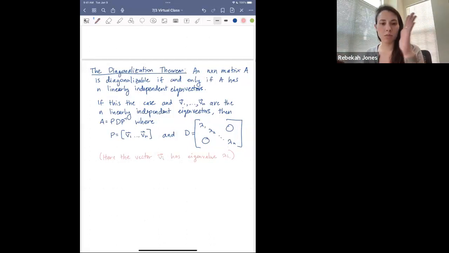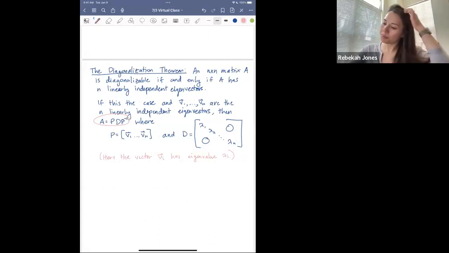So wherever you position your eigenvector in the matrix P, the corresponding column should have the eigenvalue corresponding to it in the matrix D, right? So we just make sure that those line up. Okay, and when we do that, that's our P and our D. In order to write A in this way, we would just need to find P inverse, and then we have our diagonalization of the matrix A, right?